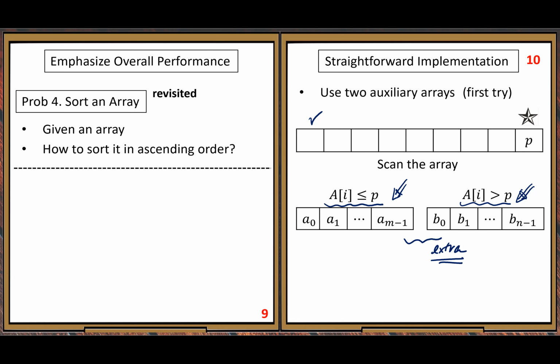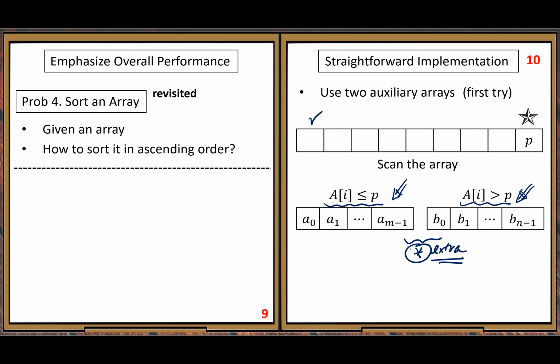The question is, we use extra space. That's bad. We waste a lot of space. That's not a good solution. We should avoid using this much extra space.